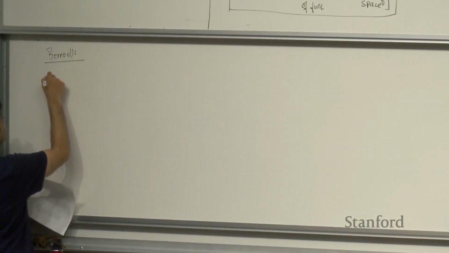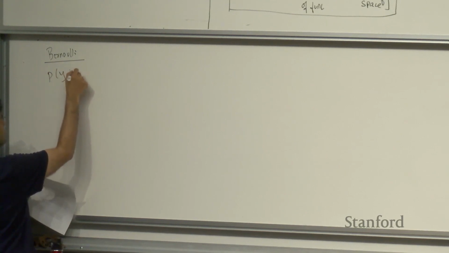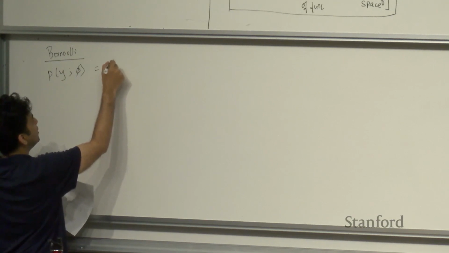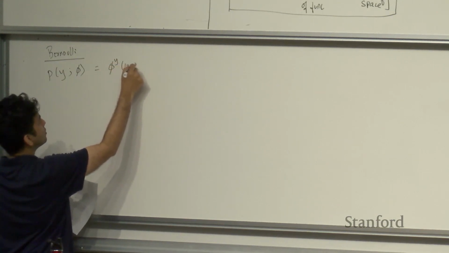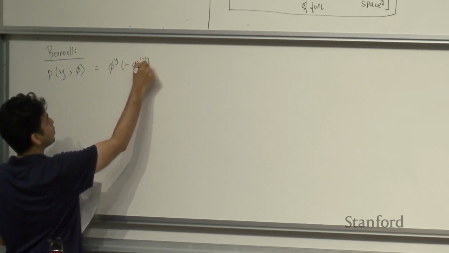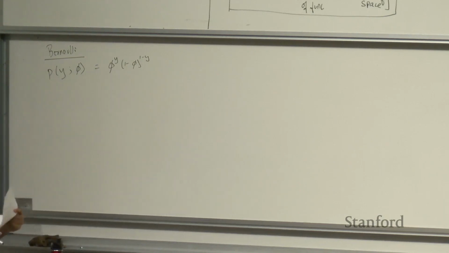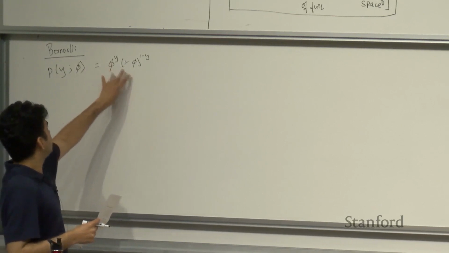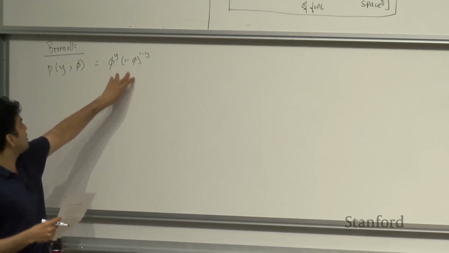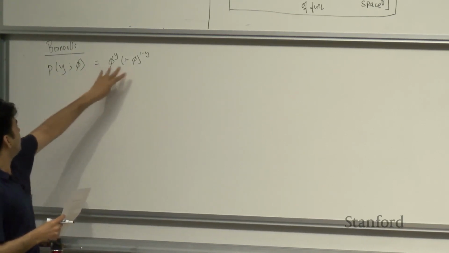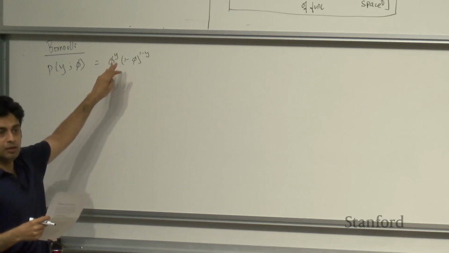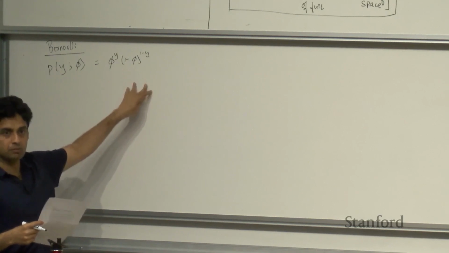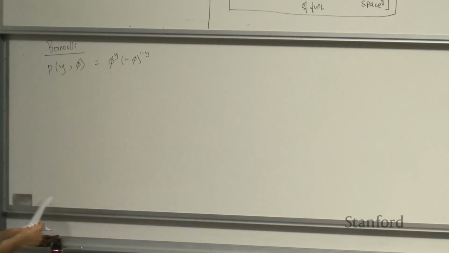So the Bernoulli distribution, P of y parameterized by phi, is written as phi to the y times 1 minus phi to the 1 minus y. Right? This is the Bernoulli distribution, and the claim is that this form of the Bernoulli distribution can be rewritten in the exponential family form. Right? How do we do that?